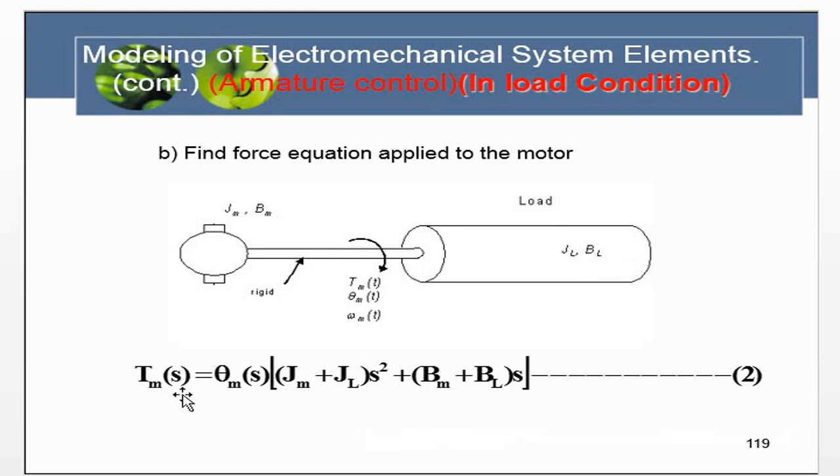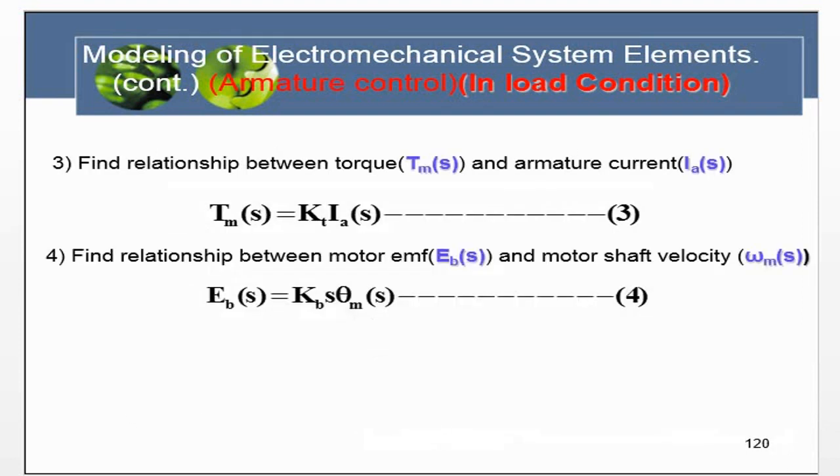The Tm is equal to theta m(s) times Jm plus JL s squared plus Bm plus BL s. It is the formula. Okay, this is the mechanical formula. The previous is the electrical formula.